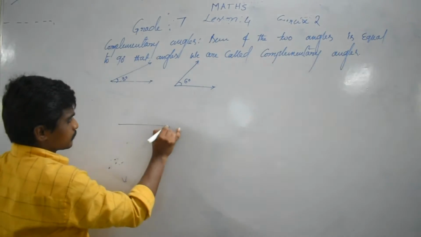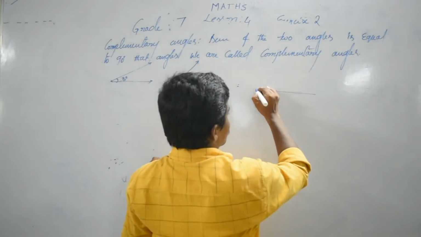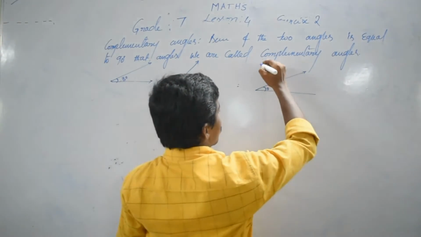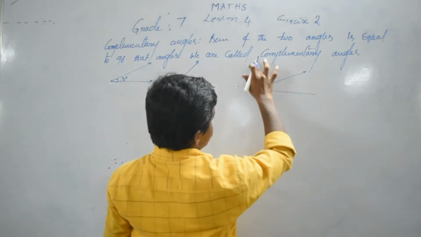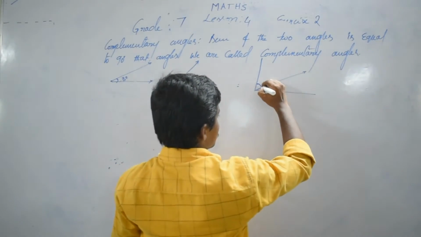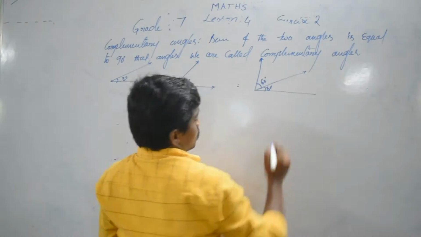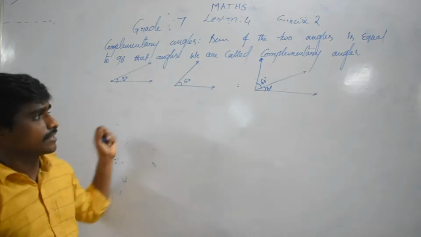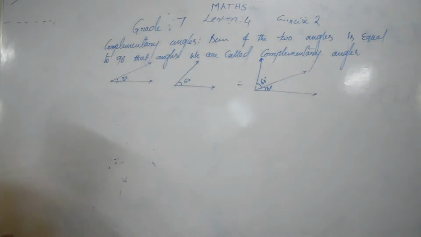Now see, this is 30 and this is 60. So now these two angles are equal to 90 degrees. These angles are called complementary angles.